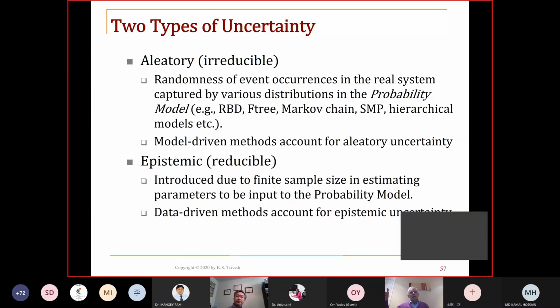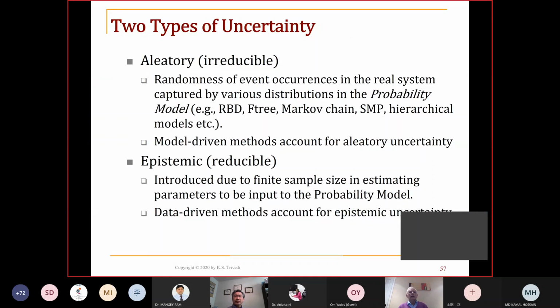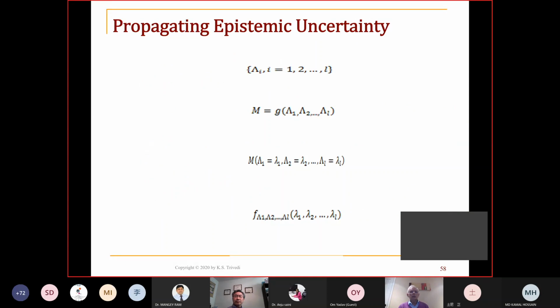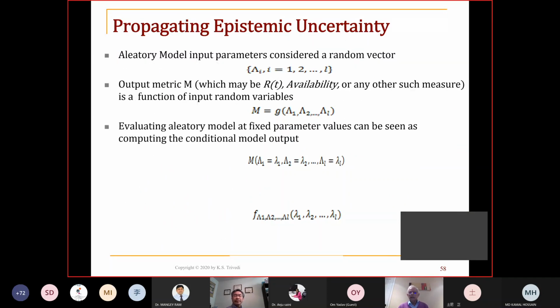Confidence interval is large if the finite sample size is small. Confidence interval is small if the sample size is large. But when we normally do the aleatory models, we forget about this confidence interval. So there is a need to propagate this confidence interval through the aleatory models, propagating epistemic uncertainty through the aleatory models.